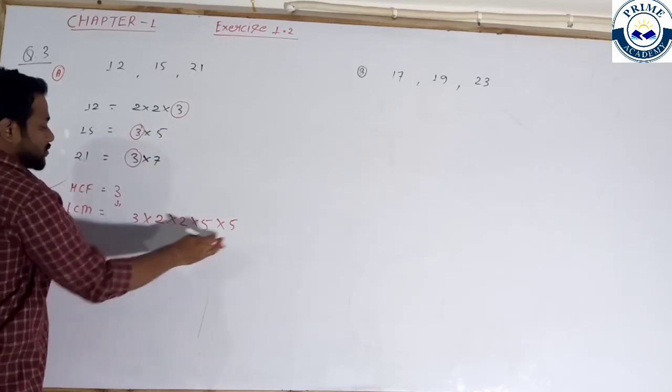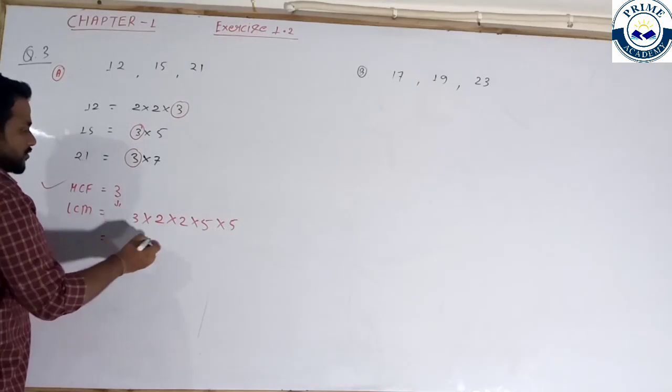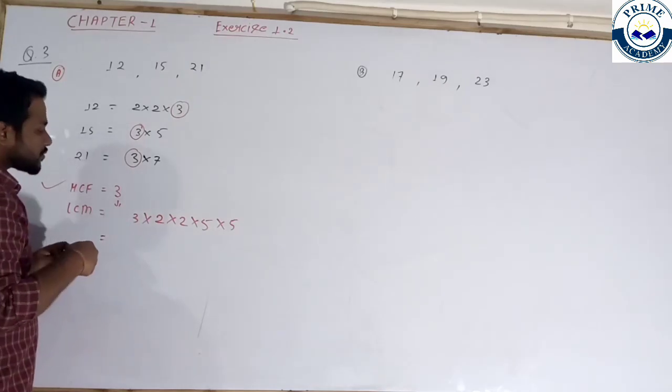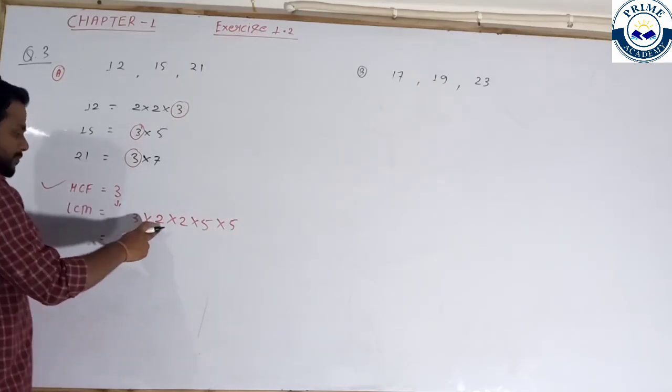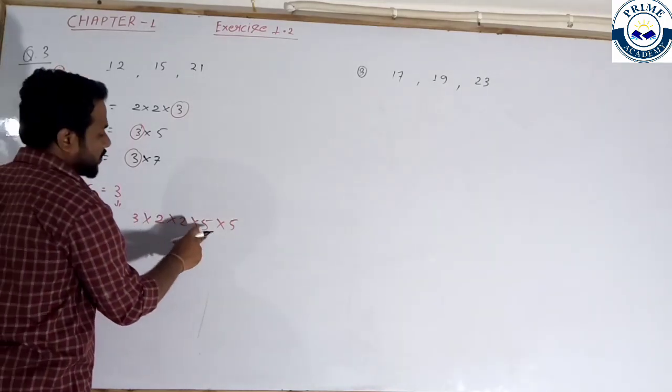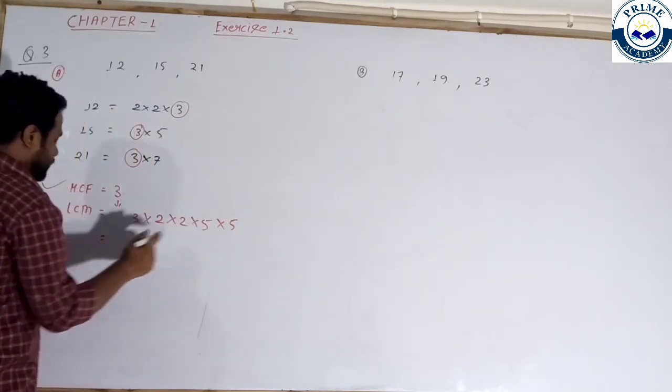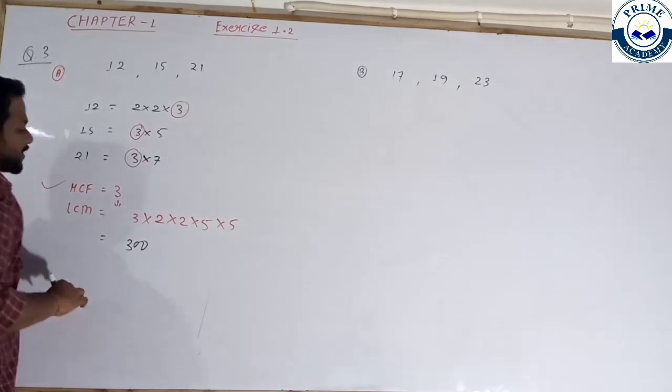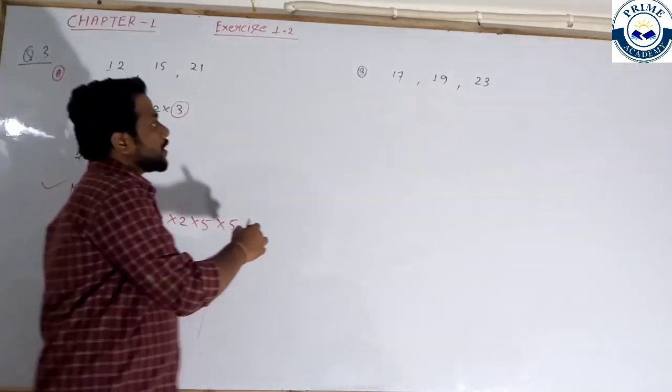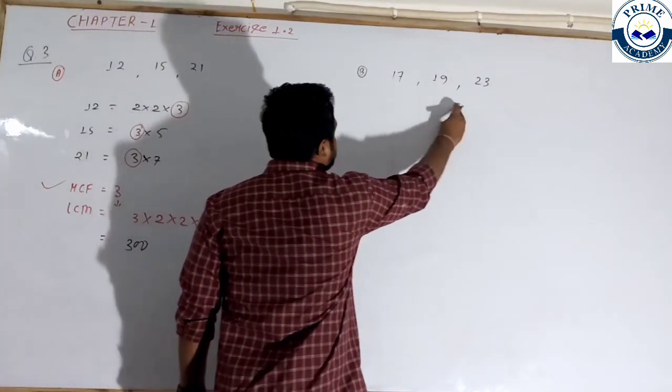Remember? So just put it here and just multiply it. You will get what? Simply 2 3s are 6, 6 2s are 12, 12 5s are 60, 60 5s are 300. So 300 will be LCM. Simple.